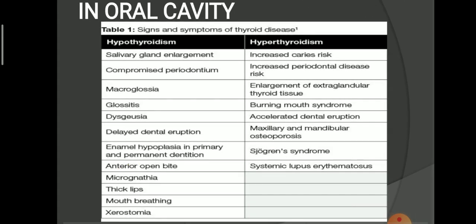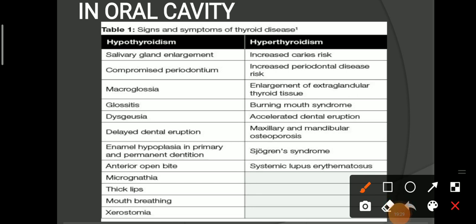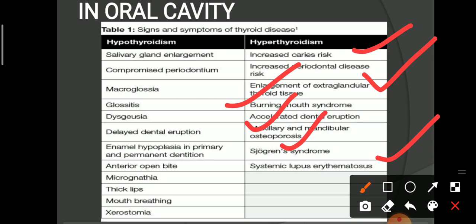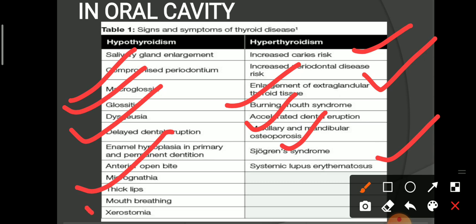The important point here is the effect of thyroid hormone imbalance in the oral cavity. In hyperthyroidism there is a high caries rate, high periodontal disease, burning mouth syndrome, osteoporosis, Sjogren's syndrome and SLE. In hypothyroidism, macroglossia, glossitis, delayed dental eruption, micrognathia and xerostomia are seen.